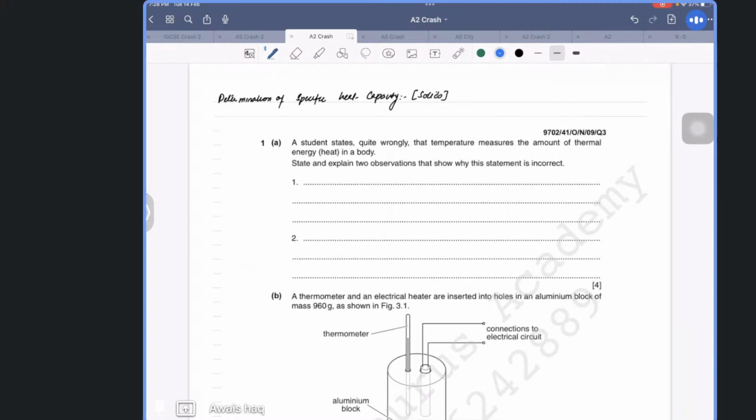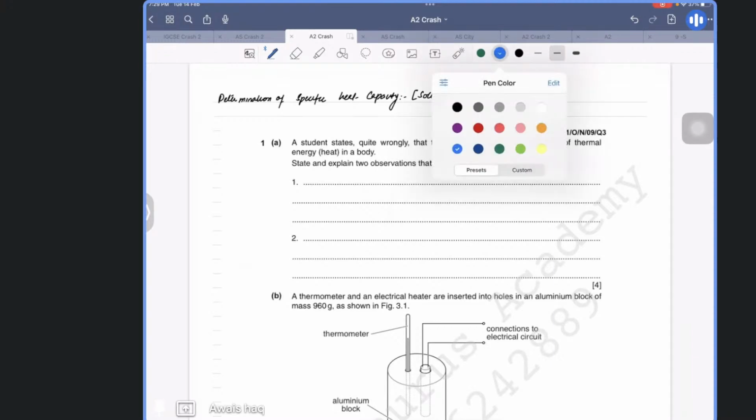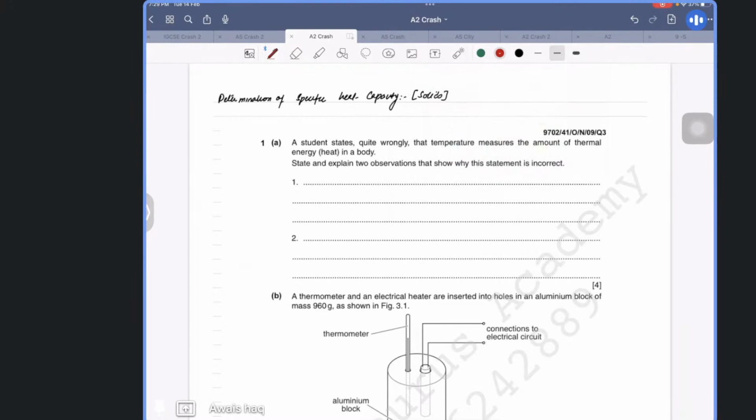The student states quite wrongly that temperature measures the amount of thermal energy, heat. Why should you never think that temperature is heat? This is very important to understand. The first thing to remember is that these two quantities are entirely different things. Although they're interrelated, they're very different.